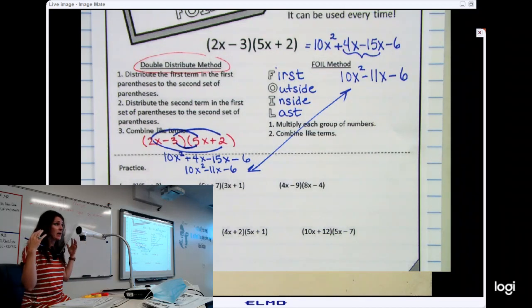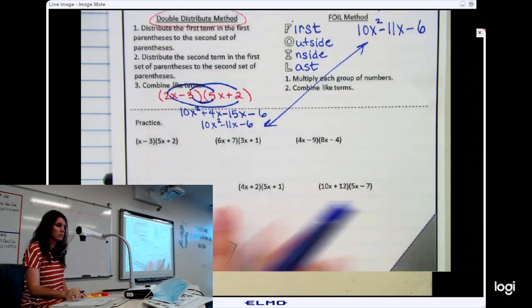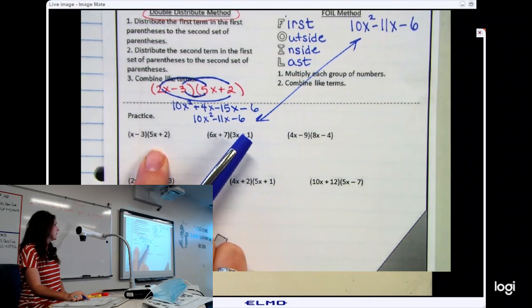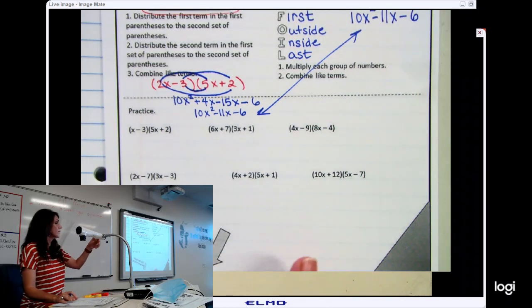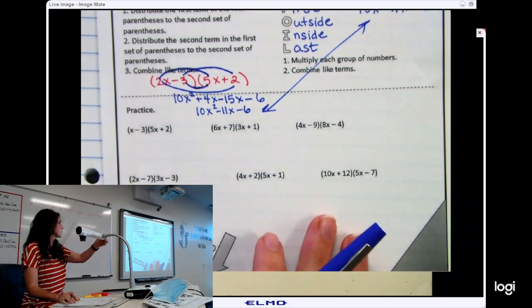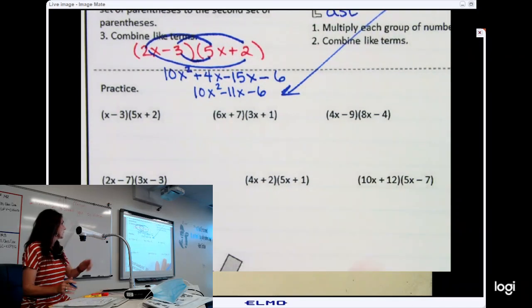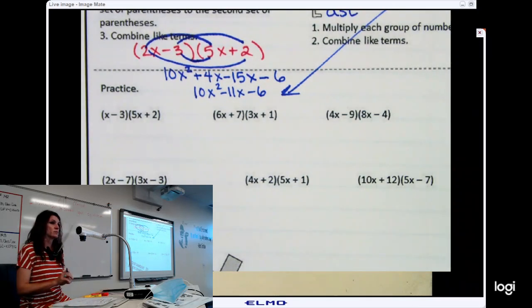In my mind, I actually always think of it as double distribute, but you'll hear me call it a FOIL problem. And so we're doing the same thing either way. I don't think we need to do all 6 of these right now, but let's at least try 3 of them together. Let's start with that first one because it's friendly.